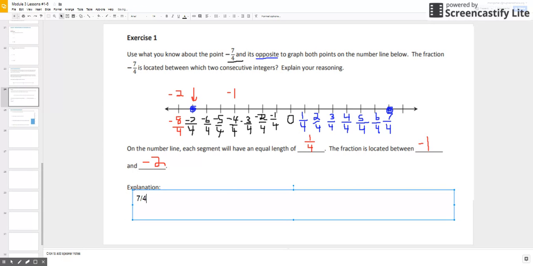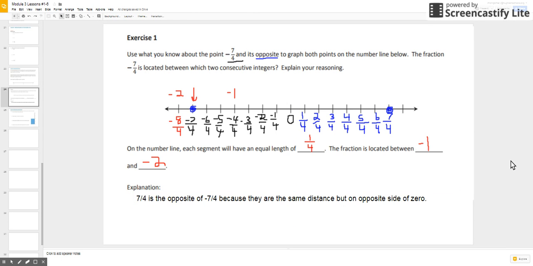So here we go. 7/4 is the opposite of -7/4 because they are the same distance, remember, same distance, but on opposite sides of 0. Okay, so remember, opposite simply means they have the same distance from 0, but on opposite sides of 0.